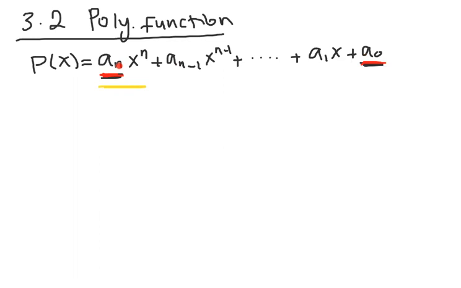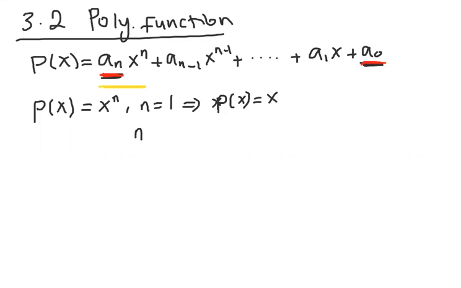And I also started graphing the basic polynomial function. I talked about the polynomial function p of x equals x to the n, and I drew it when n equals, for example, 1. It's a line: p of x equals x.